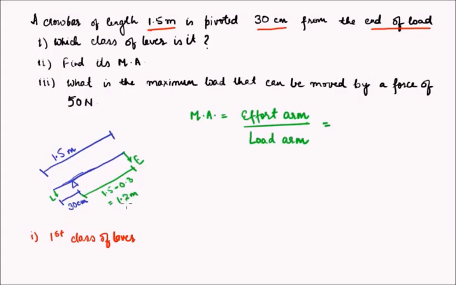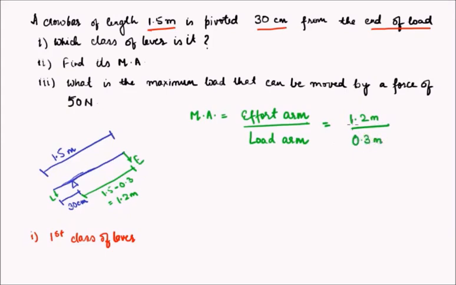This length is 30 centimeter. So this length will be 1.5 meter minus 30 centimeter or 0.3 meter, which will be equal to 1.2 meter. So it will turn out to be effort arm as 1.2 meter.